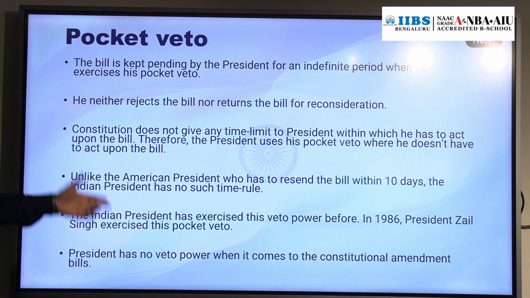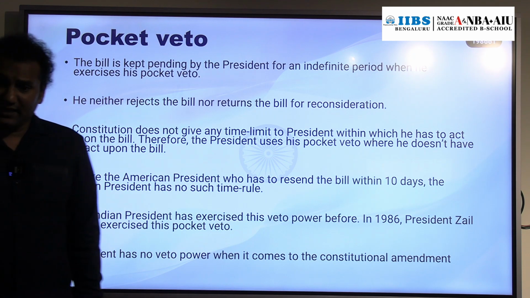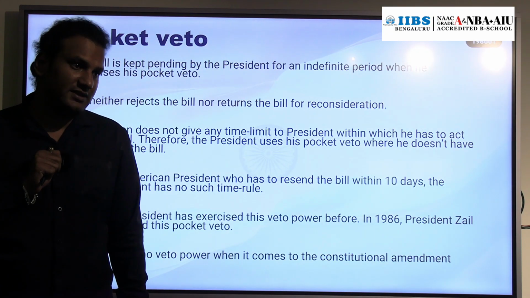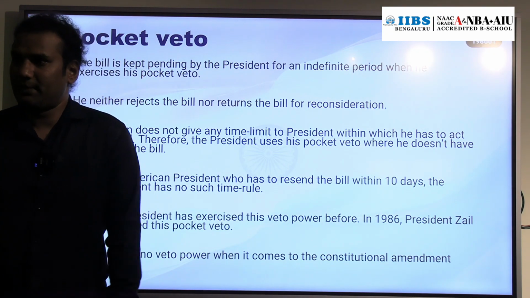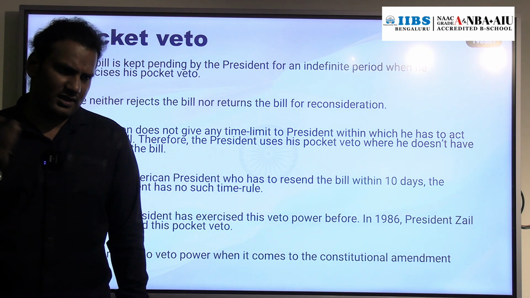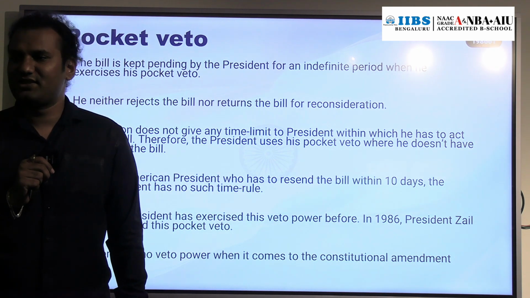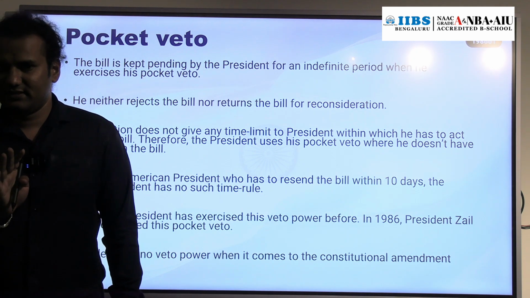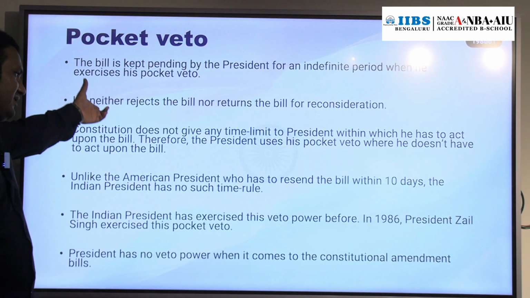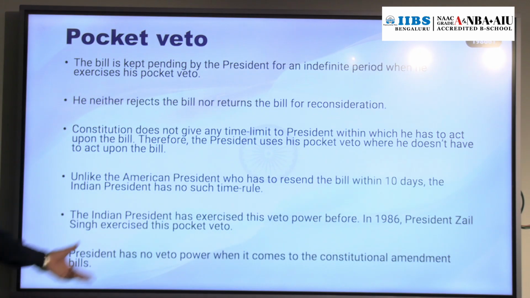Does the president have a pocket veto for every bill? No. Constitutional amendment bill is there, right? So a constitutional amendment bill cannot be kept by the president. The president has to give assent. Got it? Now the question: did any president use this power? Yes, there was one president whose name was Gyani Zail Singh.